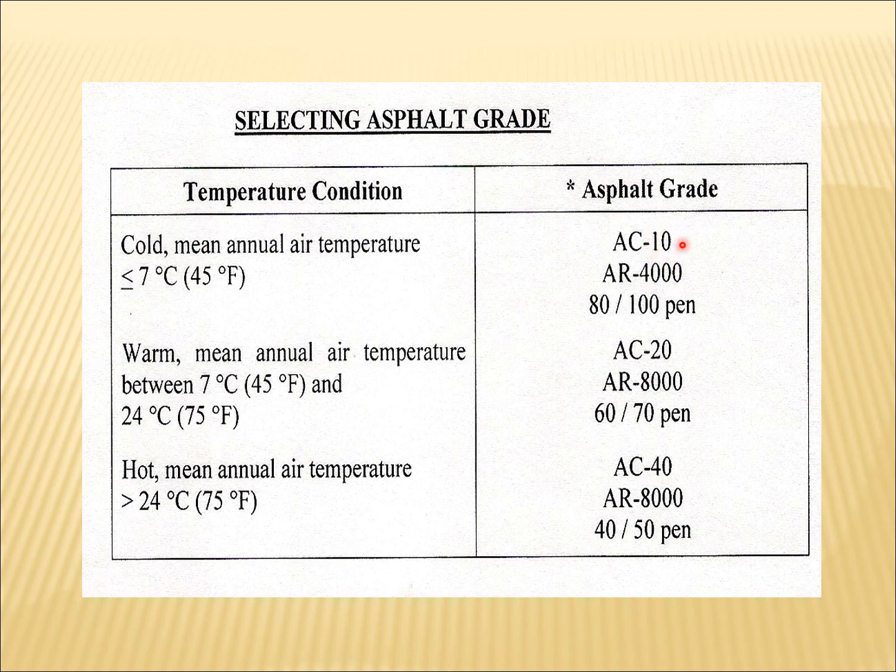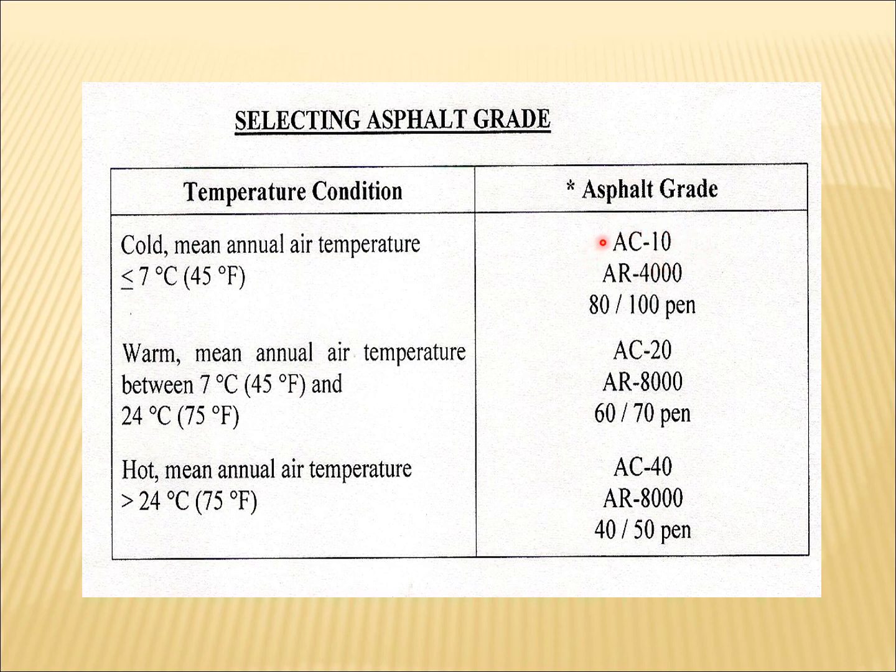I will repeat, this number is basically representing the viscosity at 60 degrees centigrade in poise divided by 100. And if you look at this one, AR 4000, this number is simply representing the viscosity at 60 degrees centigrade in poise. Well, I will repeat.